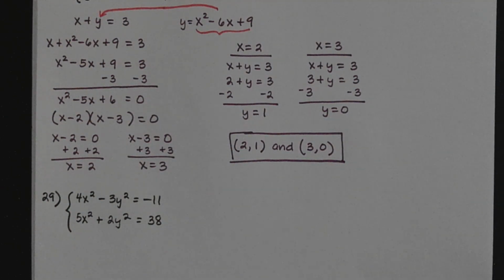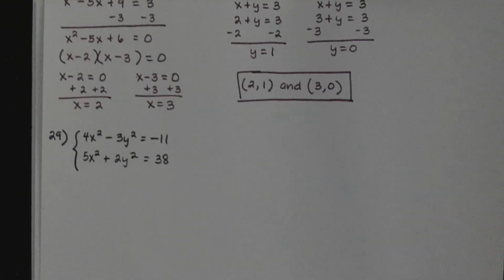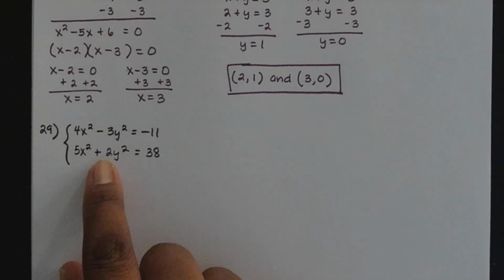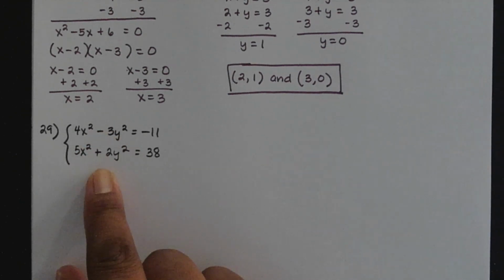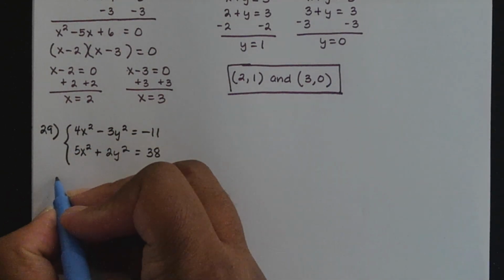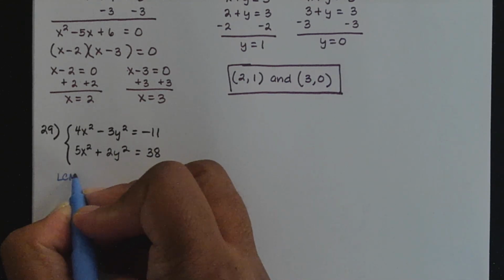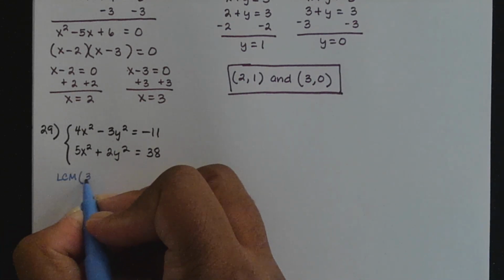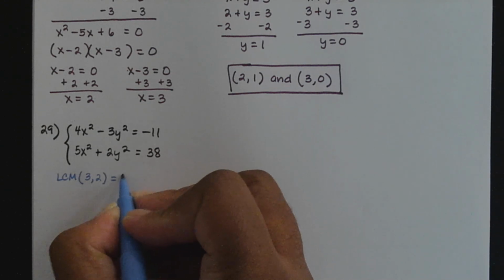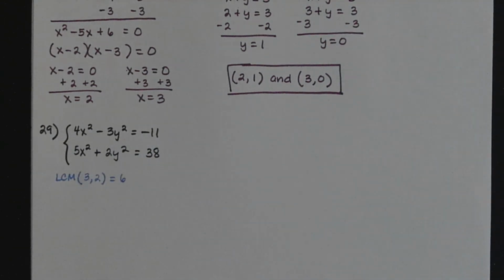Well, I know I need to eliminate either the x squared or the y squared. It'd be best to eliminate the y squared since I have opposite signs already. Now I have a 3 and a 2 as my y coefficients. So what would be a least common multiple for 3 and 2? It's 6. That's the smallest number that's divisible by 2 and by 3.